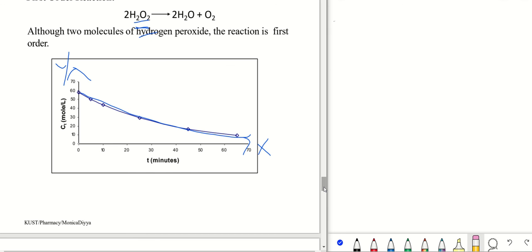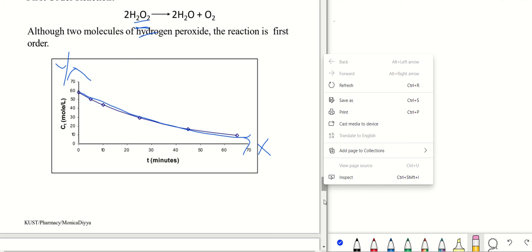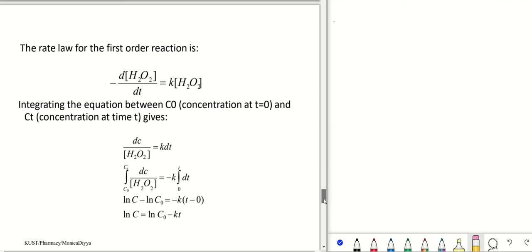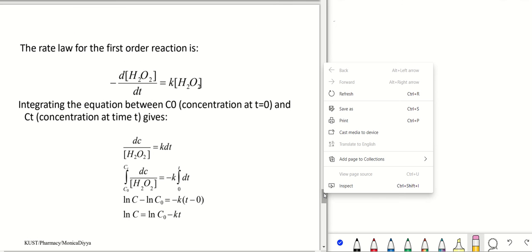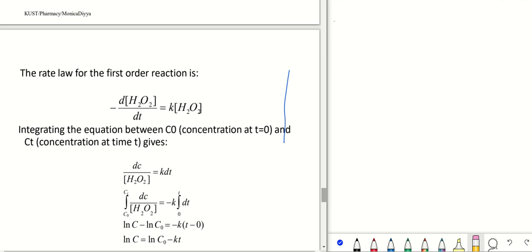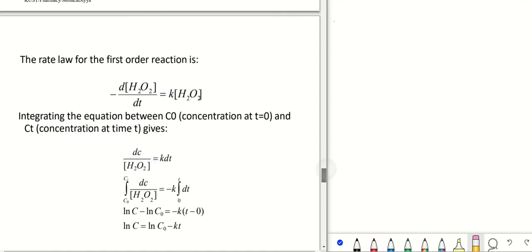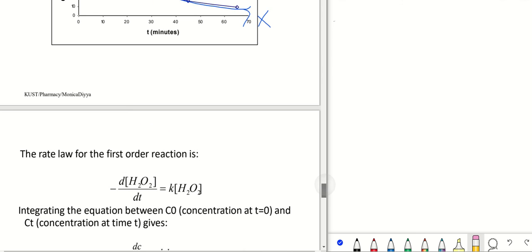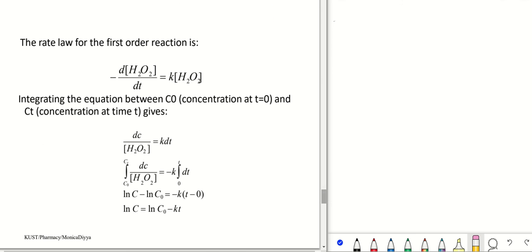Now let's see what is the exact rate law for this first order reaction.